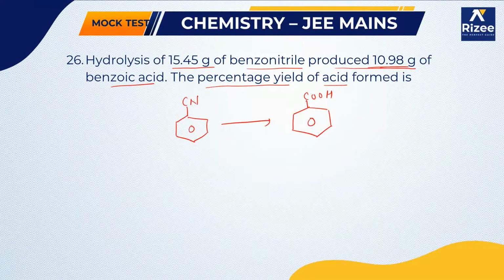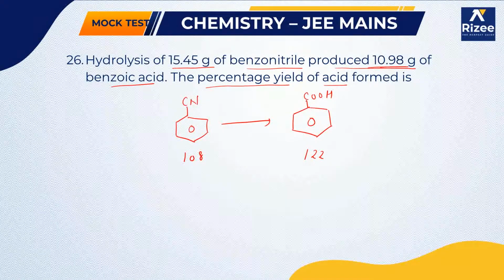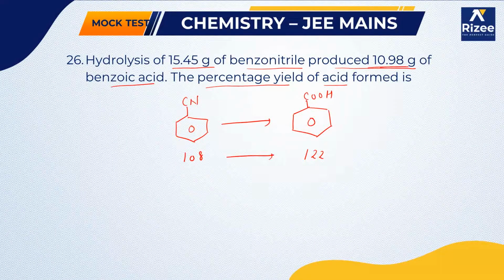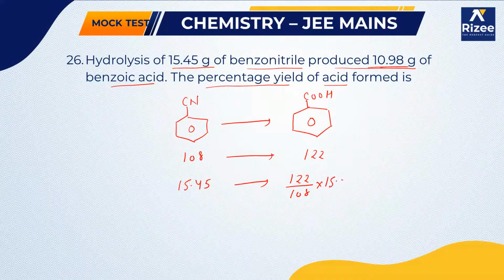Now the molecular weight of benzonitrile is 108 gram, and the molecular weight of benzoic acid is 122 gram. So 108 grams gives 122 grams of benzoic acid. So 15.45 grams will give how much benzoic acid? Upon calculating, 122 by 108 into 15.45 grams will be equal to 18.3 grams.